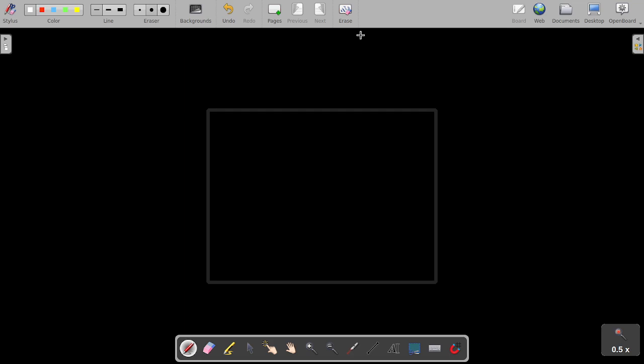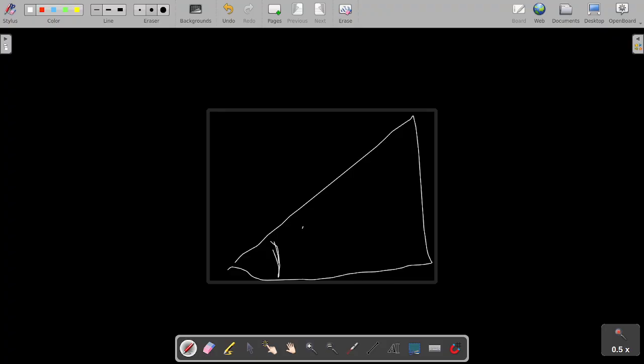Hello everyone, today we are going to understand a very simple and fundamental concept of physics, that is the block on an inclined plane. So suppose this is my inclined plane, inclined at an angle of theta.